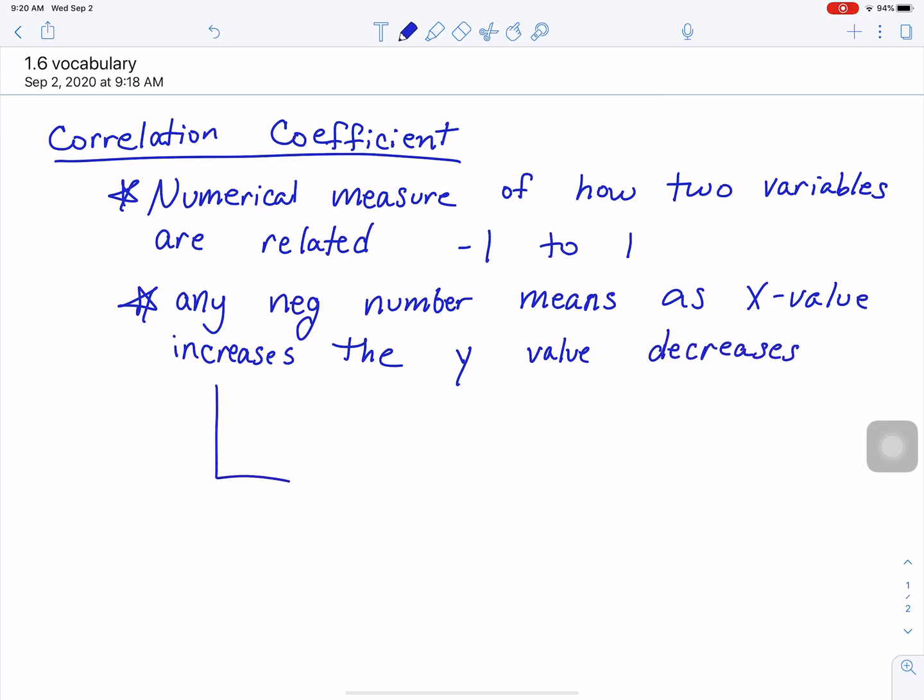So again, our points would be something in there that could be on that line as well. If it's a positive value, it's going to mean as x value increases, the y value increases.